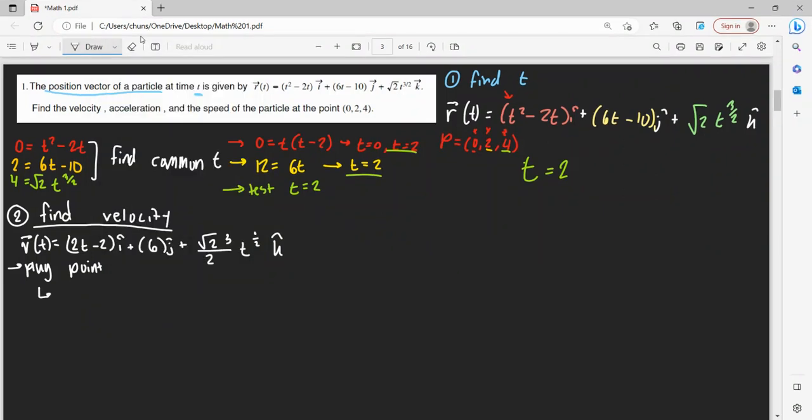Sorry, that's wrong, not our point. We're going to plug in the t that we solved.